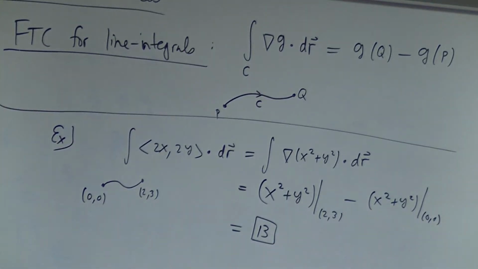Is there anything weird? Last time we talked about line integrals, and we talked about how you need to know the equations of motion for the path to set it up. The thing which might catch your eye about this example is that I just said it was a path from 0, 0 to 2, 3. I didn't tell you which path.